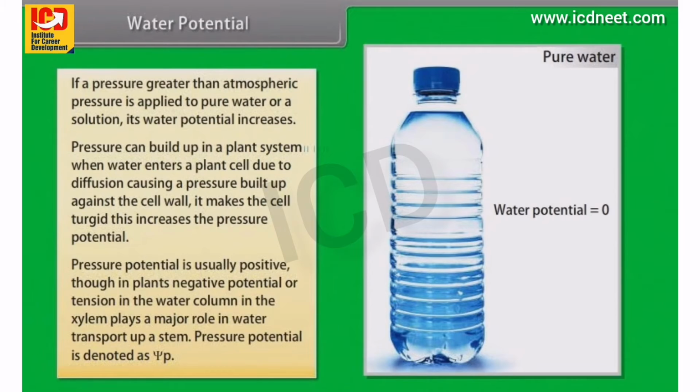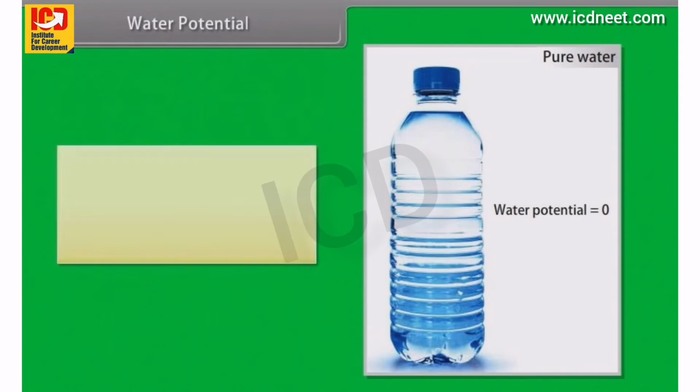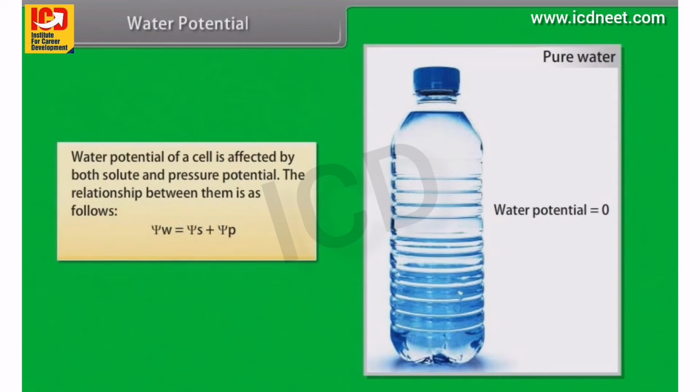Pressure potential is usually positive, though in plants, negative potential or tension in the water column in the xylem plays a major role in water transport up a stem. Pressure potential is denoted as ΨP. Water potential of a cell is affected by both solute and pressure potential. The relationship between them is as follows.